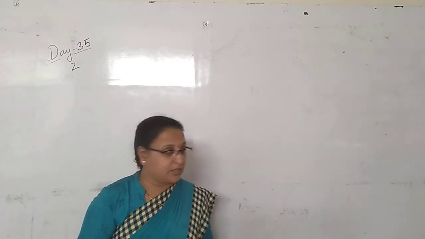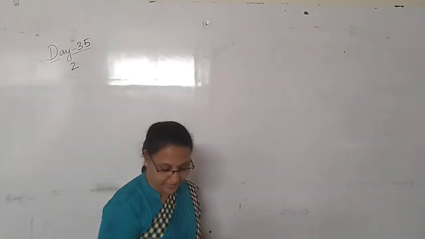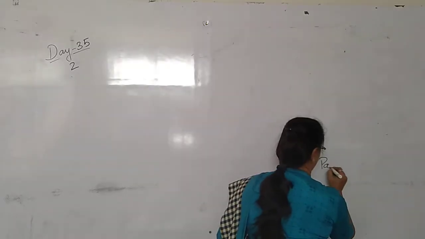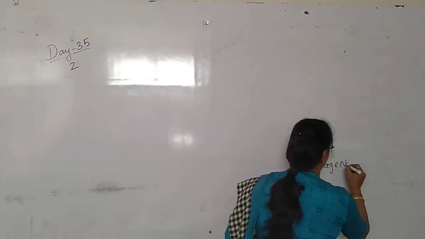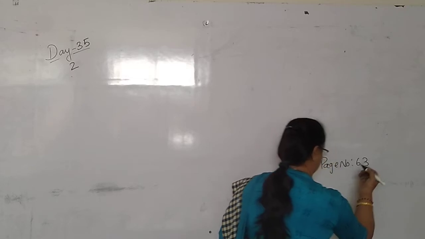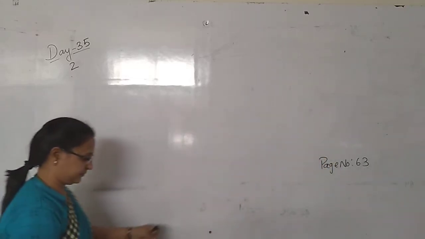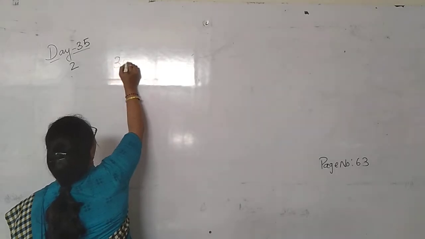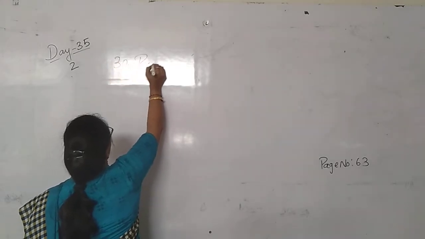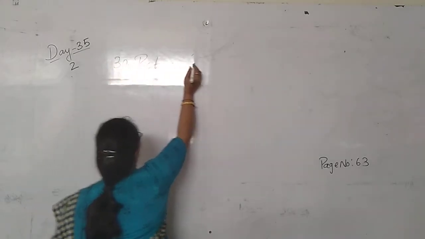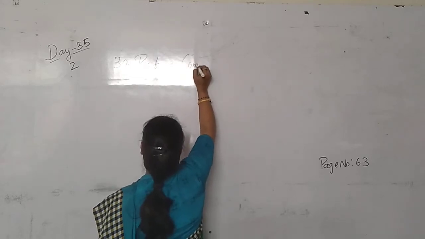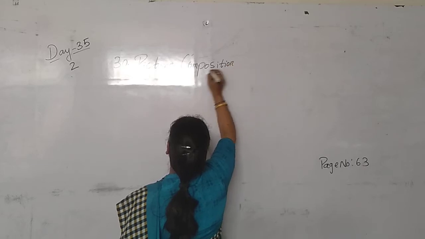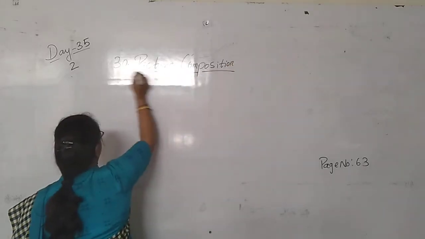So children, now you all can open page number 63 in your textbook. Open page number 63. And the name of the topic is picture composition.